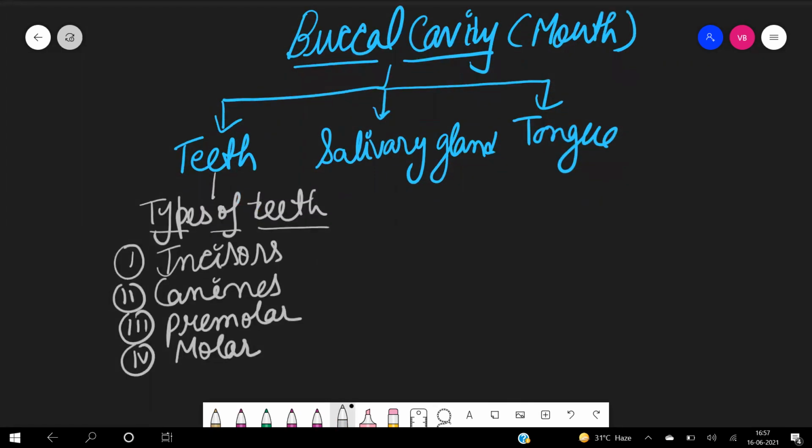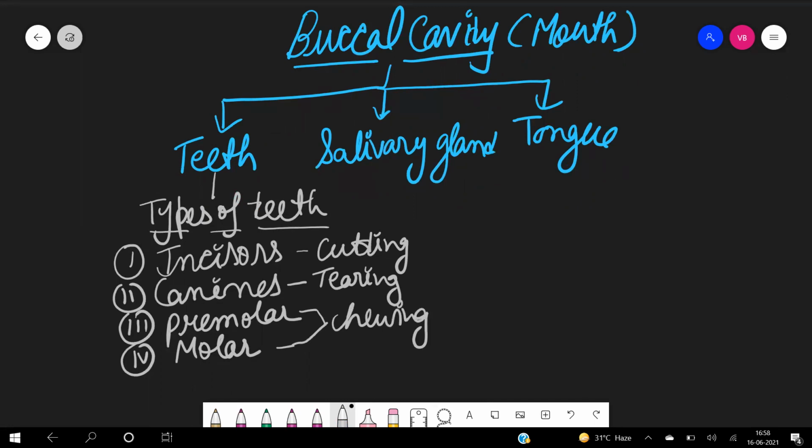Each tooth has its own function. Like incisor, what is the function? It helps in cutting the food. Canines, what is the function? They help in tearing the food. Premolars and molars, both of them have a similar function, that is chewing the food.